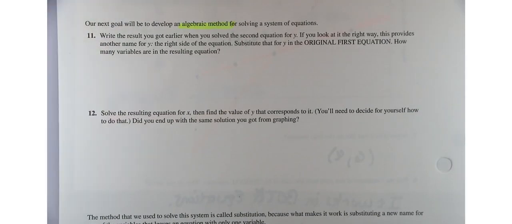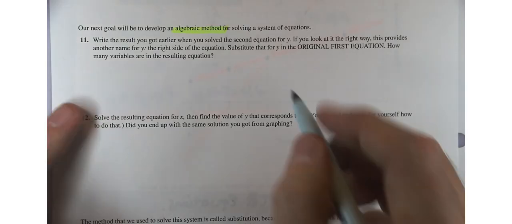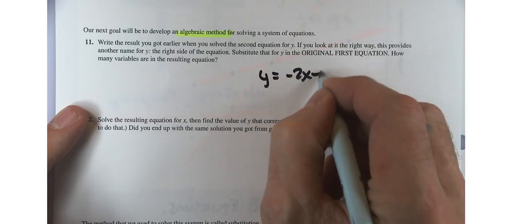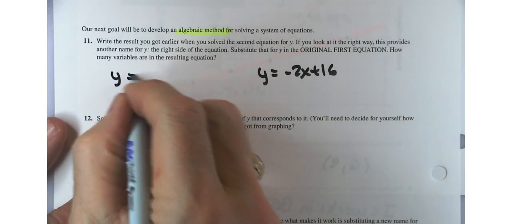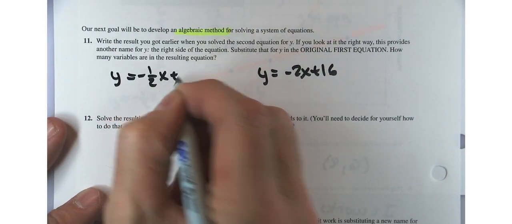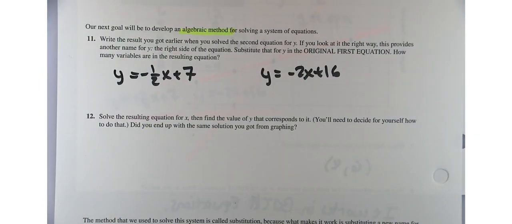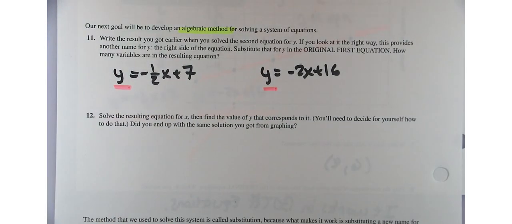This is the second equation. So the second equation, when we solved it for y, was y equals negative 2x plus 16. In our first equation, we had y equals negative 1/2 x plus 7. That was our first equation. If you look at this, we've got 2 different names for the variable y, right?